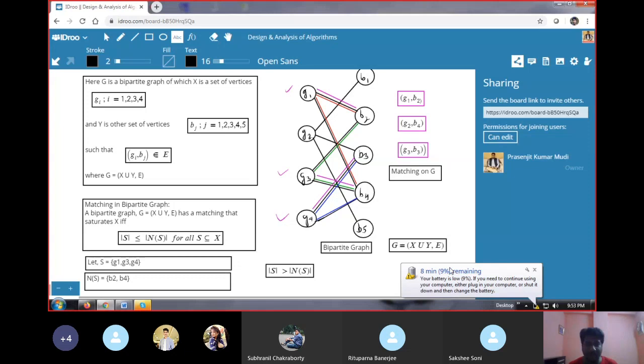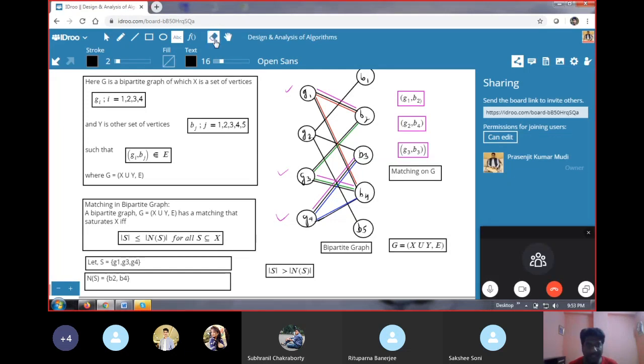So next, let's assume that this edge was not available. This is there. That means girl 4 has options B2 and B4.